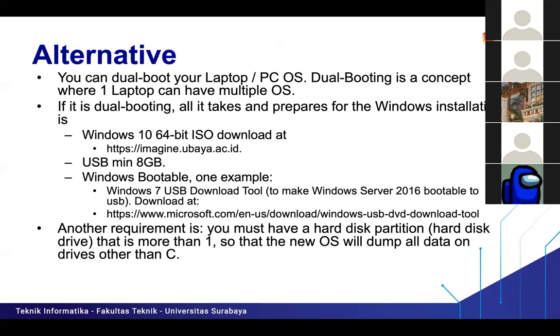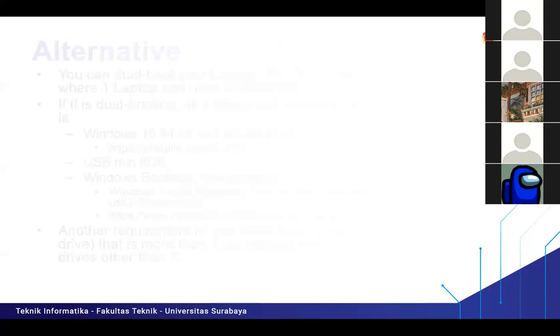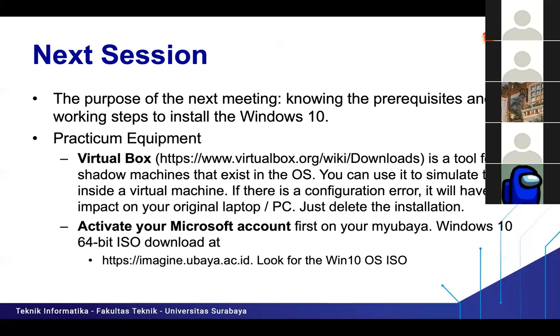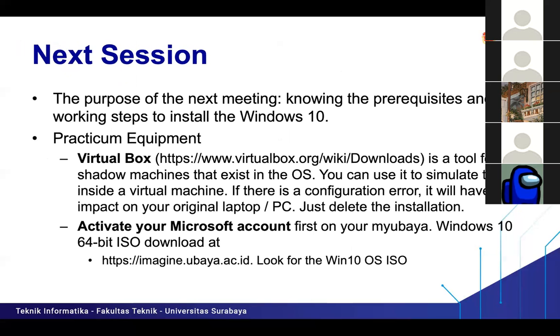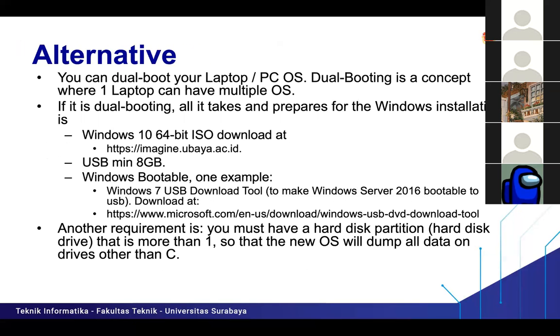So we will not use this alternative. We use the first way because there is no risk in this process. So I think we can just use the first way to install Windows 10, but I also described the second alternative, dual booting, and what it takes to prepare for the Windows installation.